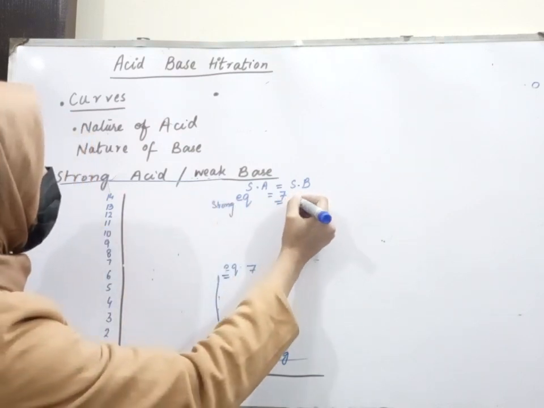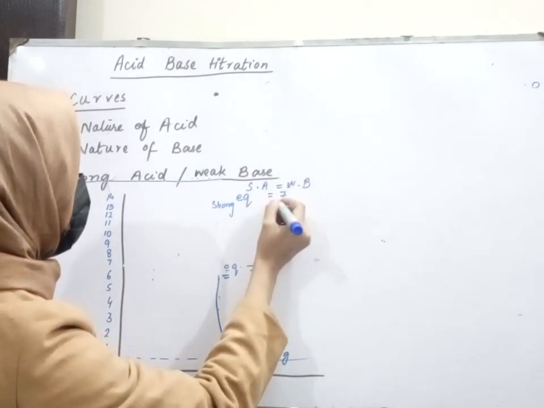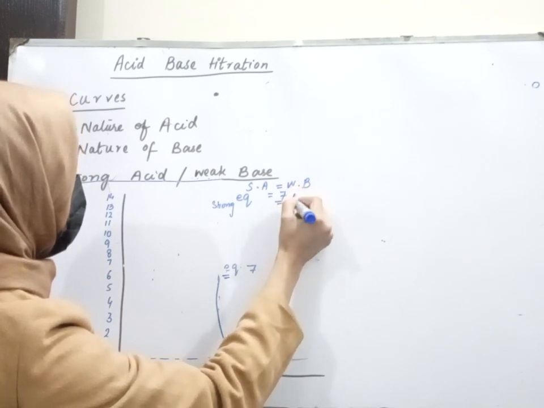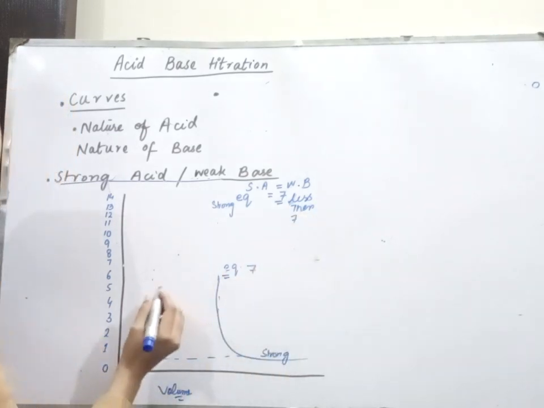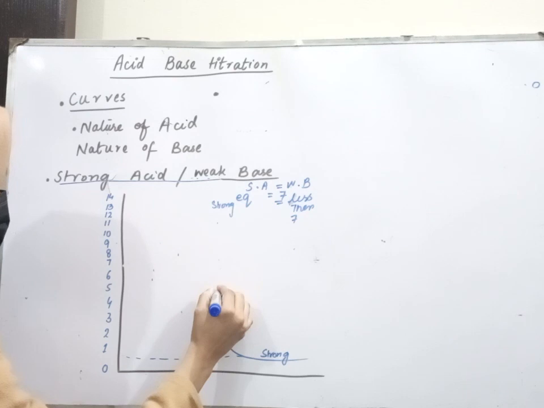When the base is weak, the equivalence point will be less than 7, like here.